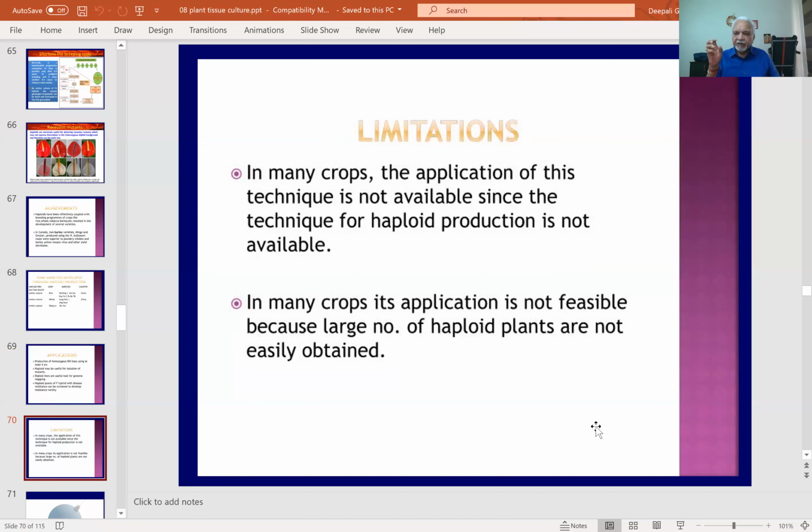So this is the main limitation: you just cannot pick any anther from any plant, follow some protocol, and end up with a haploid plant. It doesn't work like this as far as tissue culture is concerned. Not only anther culture, but anything which I have discussed so far, and what I am going to talk about subsequently, needs to be optimized. So this is one limitation, and in some plants it has not been feasible to produce haploids, or whatever optimizations were done could not make it possible.